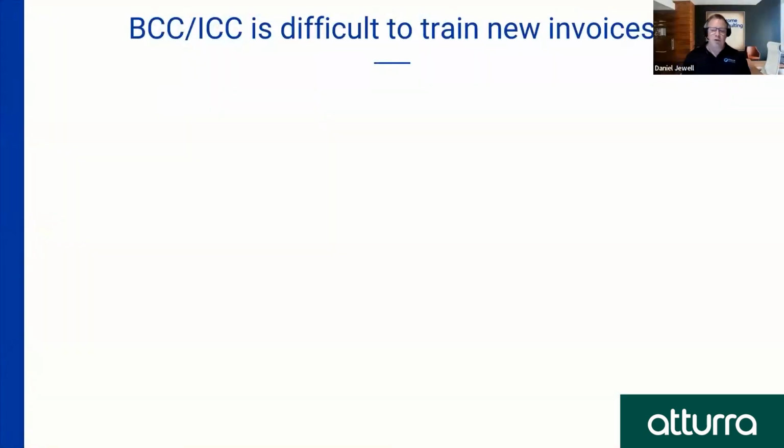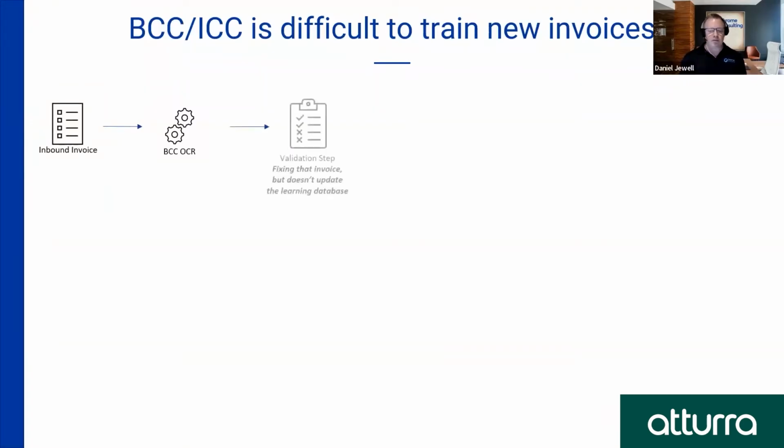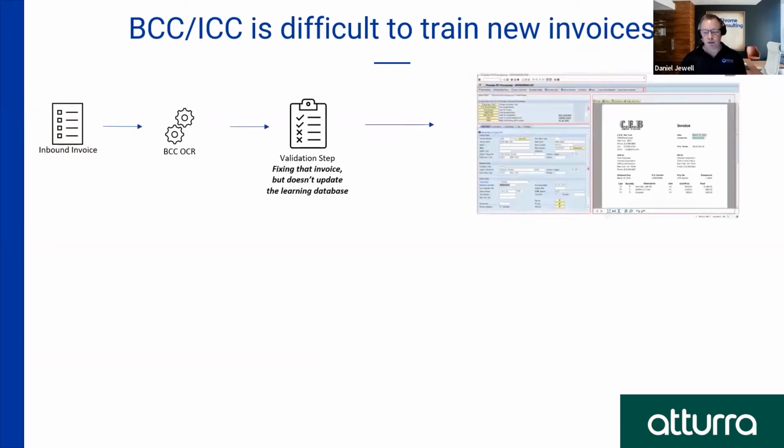So let's look a little bit further now into one of the biggest frustrations when it comes to BCC and ICC, and that's the process of training the solution to recognize the new vendor invoices and fields. So once an invoice enters the system, it's OCR'd and sent for validation for any missing or incorrectly identified fields to be manually corrected.